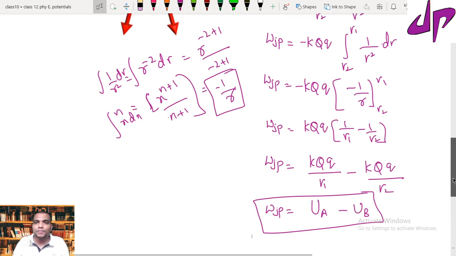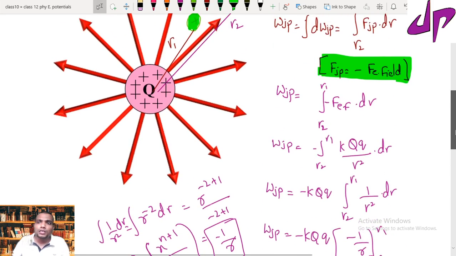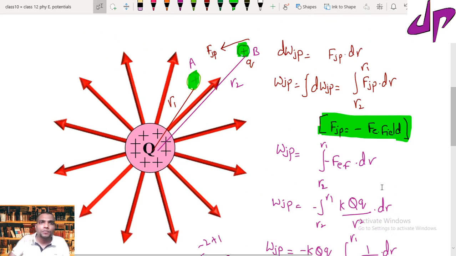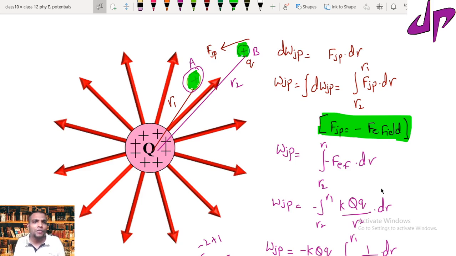As per the definition, a charge located in an electric field has potential energy because of its presence at that location. At point B potential energy is present, and at point A potential energy also exists.